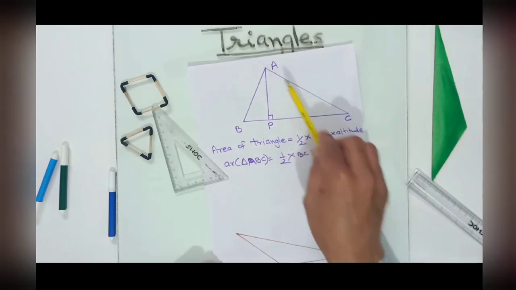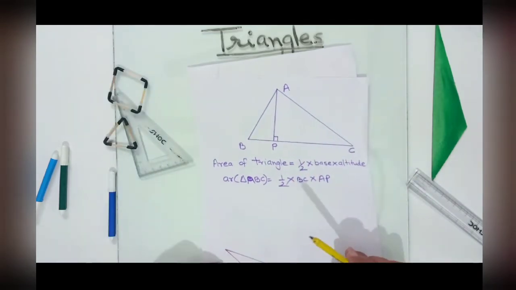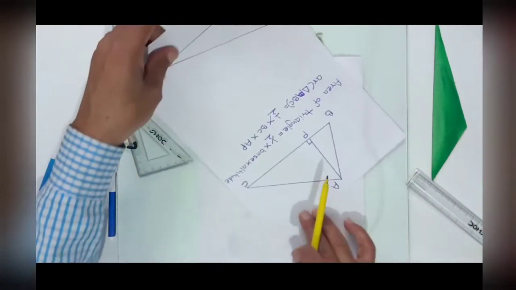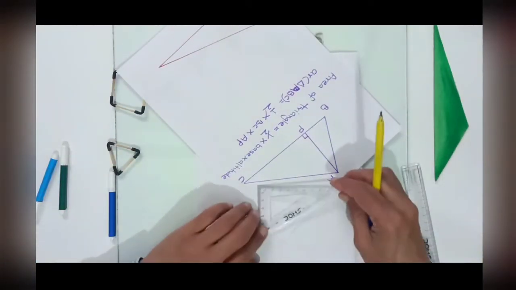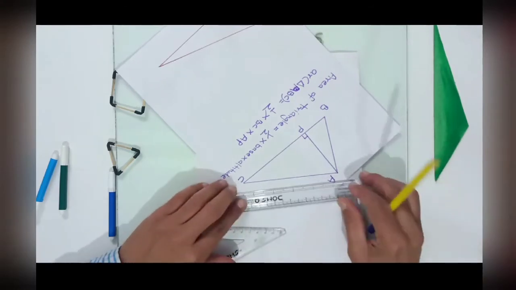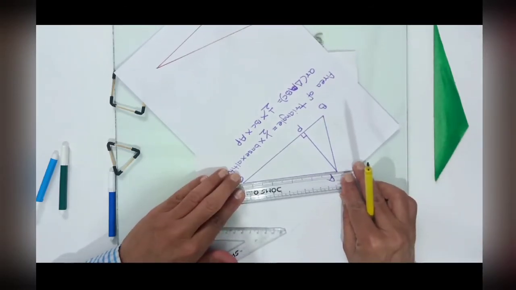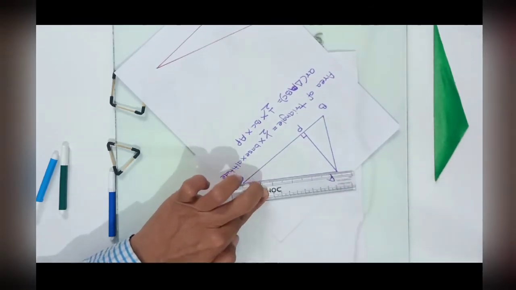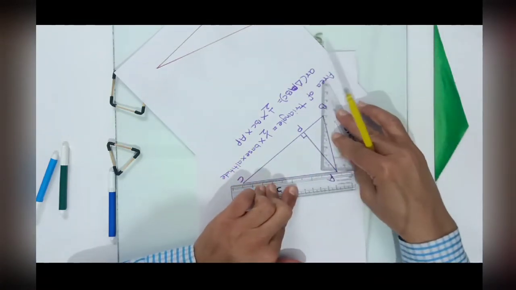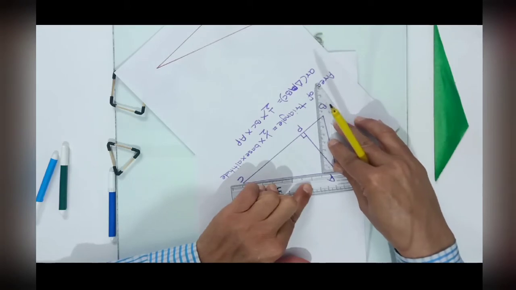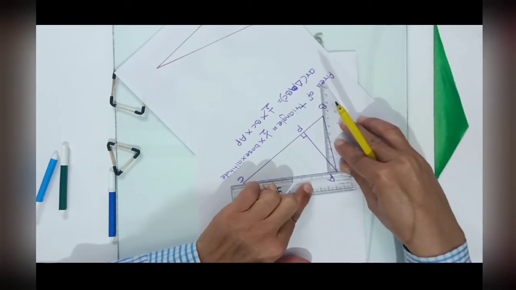Suppose I consider AC as the base, in that case the perpendicular is drawn like this. Again I keep the scale coinciding with this side AC, and again I keep this set square like this, coinciding it along this scale.